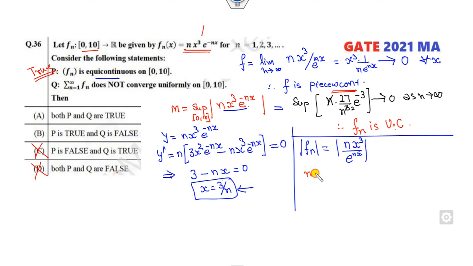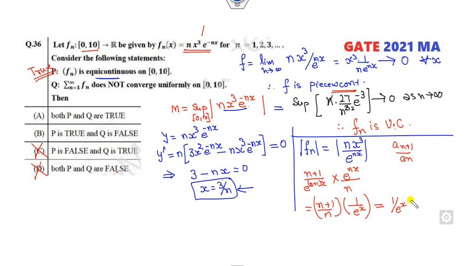So you can see n plus 1 over e raised to power n plus 1 x. X cube will be cancelled out when you take the ratio with n e raised to power nx. I have to take a(n+1) over a(n). So you can see e raised to power nx will be cancelled out, and the remaining part will be e raised to power minus x.